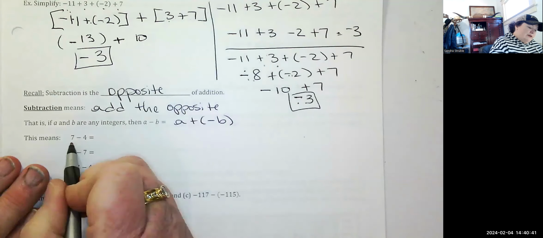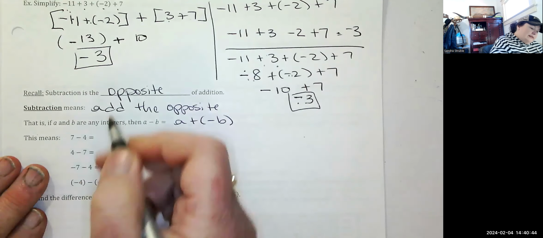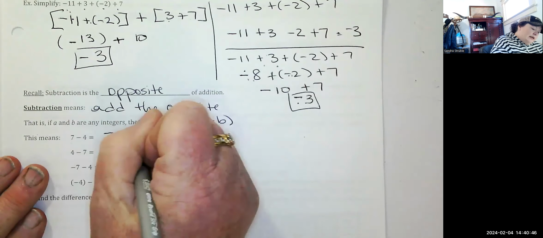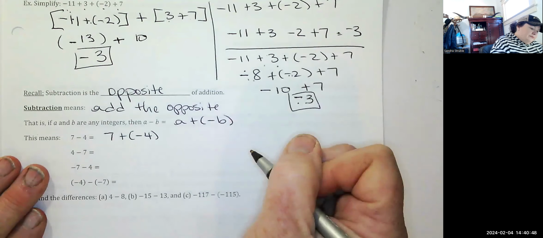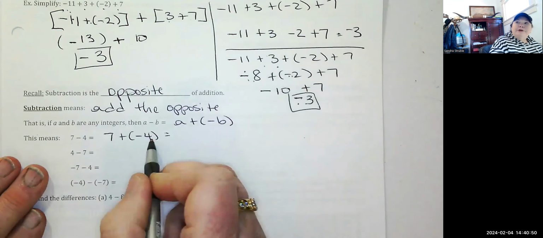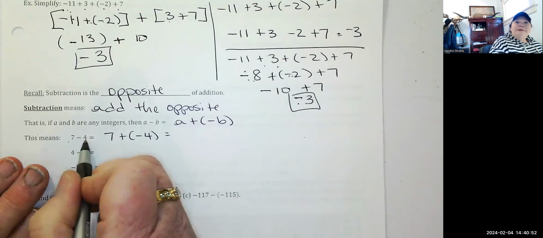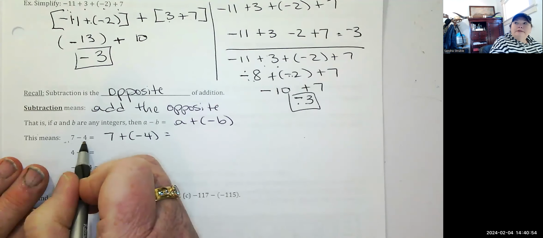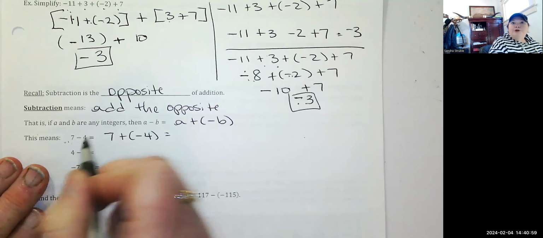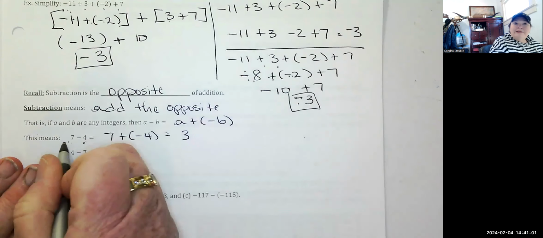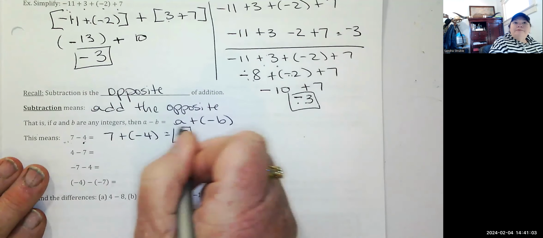So if you have 7 minus 4, that's the same thing as 7 plus negative 4, which is signs are different. You're going to see me putting it like this. Signs are different. Subtract them. Take the sign of the larger number. So you're going to go subtract them. The 7's positive, so the 3 stays positive.